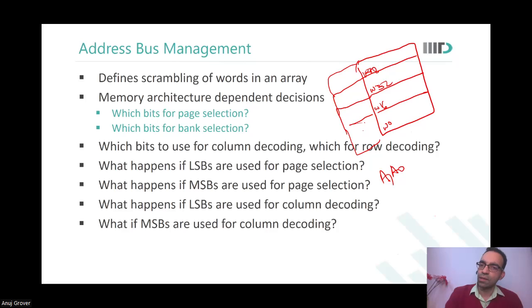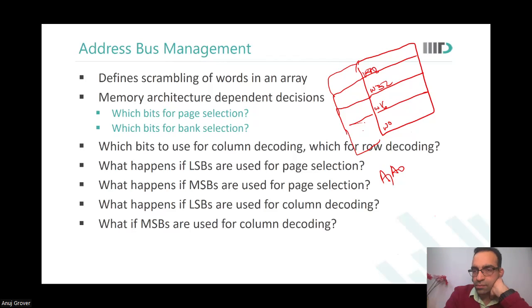A5, A4. So again, which address bits you use for bank selection will define how your words are distributed inside the memory. Are you able to see this?